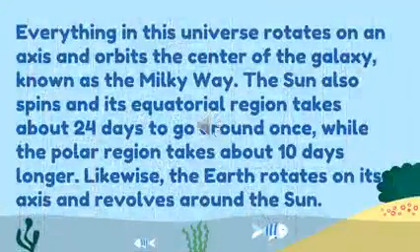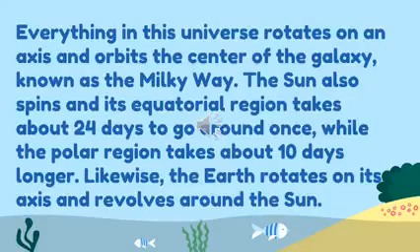Everything in this universe rotates on an axis and orbits the center of the galaxy, known as the Milky Way. The sun also spins, and its equatorial region takes about 24 days to go around once, while the polar region takes about 10 days longer.